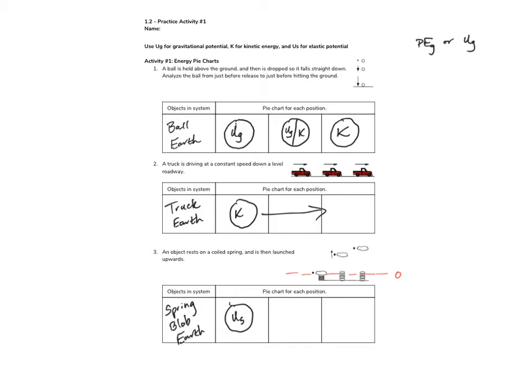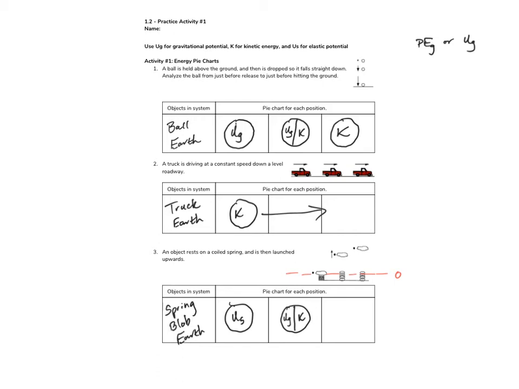Now, second snapshot here. We no longer have elastic potential because this spring is no longer compressed, but this blob is now at some height and it's moving. So we should see a pie chart that shows that elastic potential energy has now been transferred into your gravitational potential and your kinetic account.